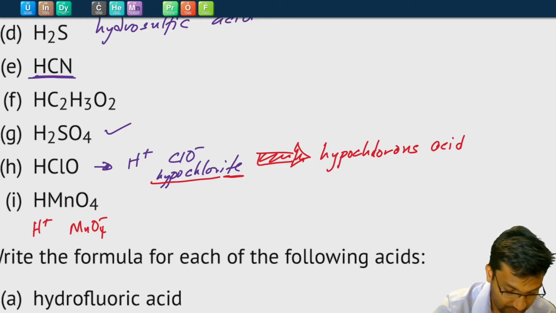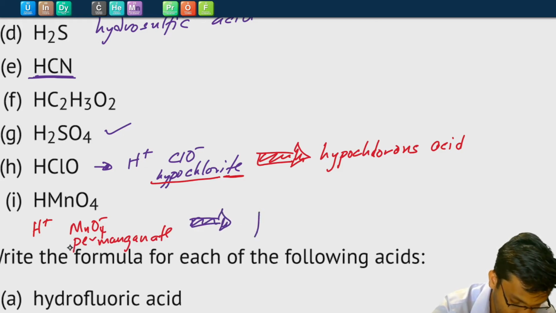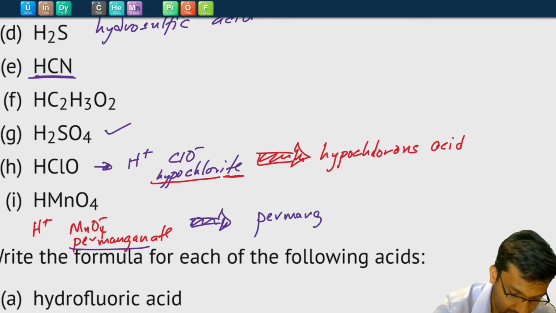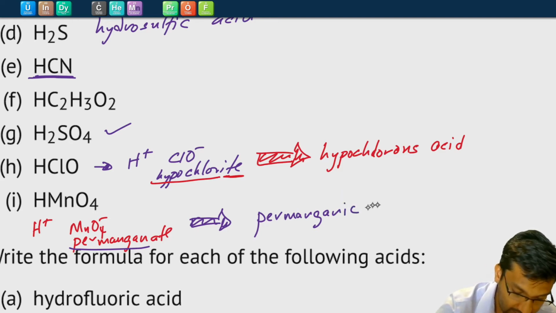It's not made up of 2 elements, so we don't need hydro. Let me write permanganate. To name this, we do the base name, permangan. Instead of ate, we change it to ic, permanganic acid.